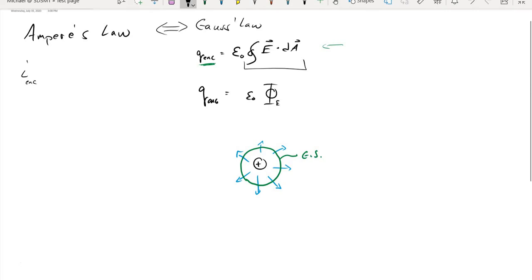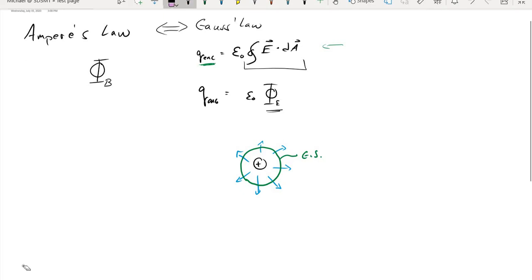And then we need not an electric flux, but a magnetic flux. And paired with that is going to be the magnetic permittivity.